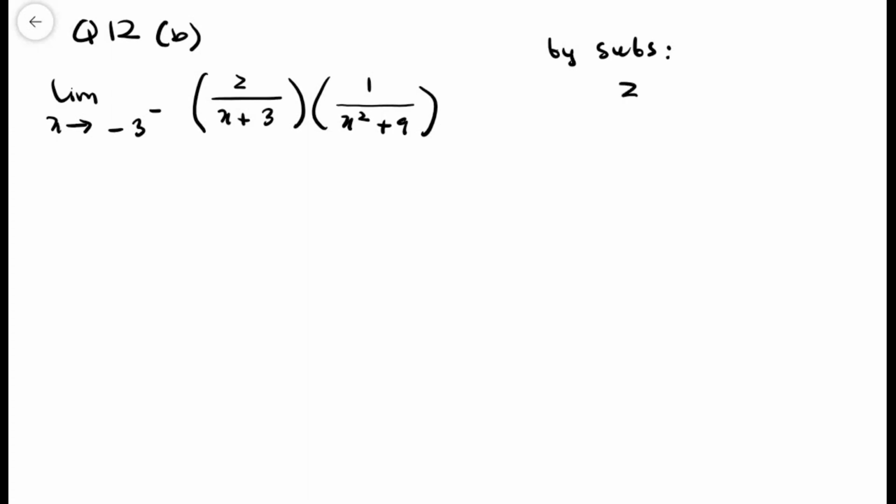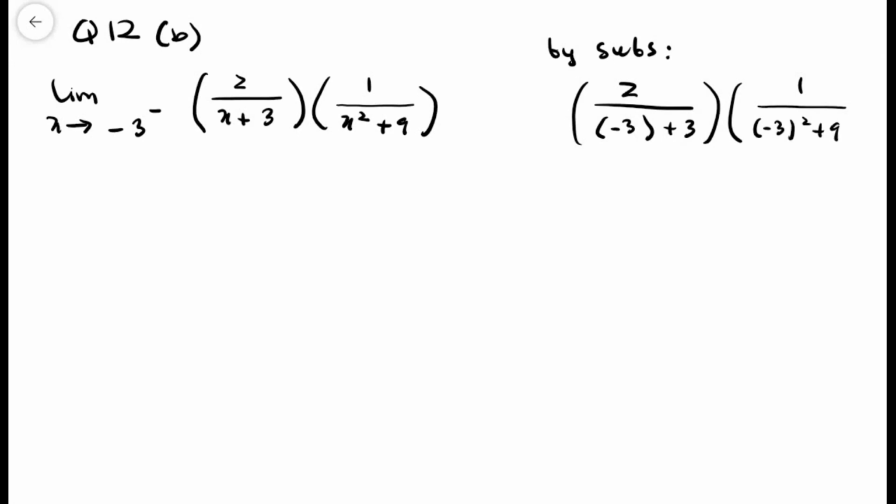You have 2 over (negative 3 plus 3) multiplied by 1 over (negative 3 squared plus 9). When you solve it totally, you will get 2 over 0. So for 2 over 0, the answer should be either positive infinity or negative infinity.